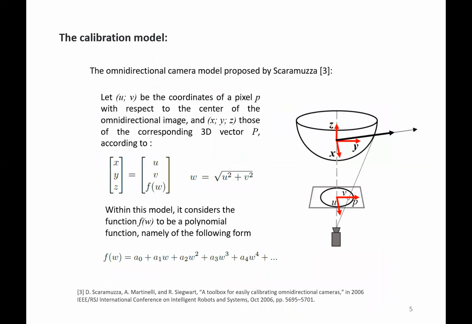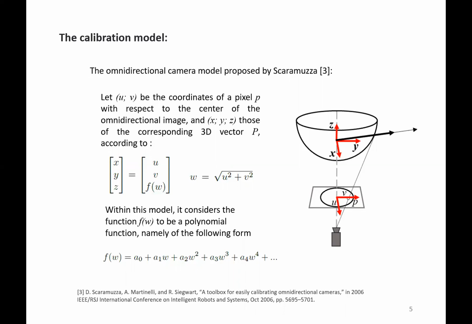To generate the dataset, we choose to use the calibration model proposed by Scaramuzza. It is a calibration model for omnidirectional cameras, considering the omnidirectional imaging system as a compact and unique system composed by a pinhole camera and a mirror. It allows to compute the intrinsic parameters of the omnidirectional camera.